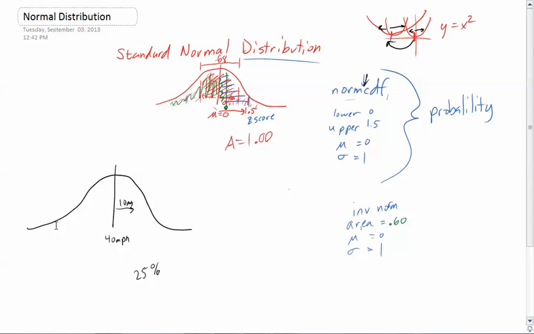So I go until I find 25%. Okay? And that 25% area will give me a specific value right here, which is what the inverse normal will give me.